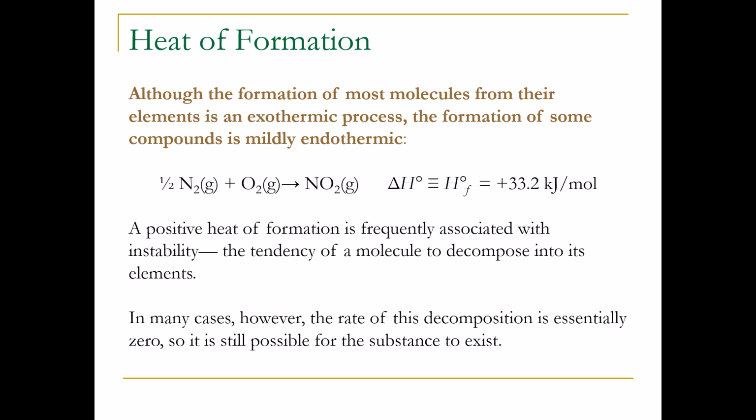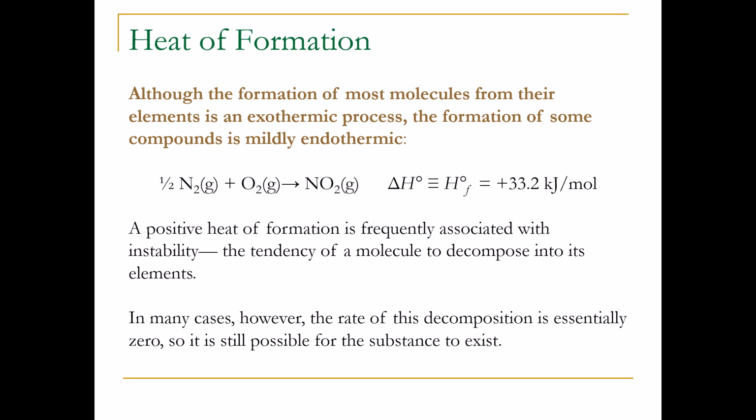So we get a negative delta H value. Now, that doesn't mean every single one of them is negative. There are some compounds that have positive heat of formation values. But typically a positive heat of formation value indicates an unstable compound, which can mean that that compound doesn't exist for very long before it decomposes into its elements again, or decomposes into something else.